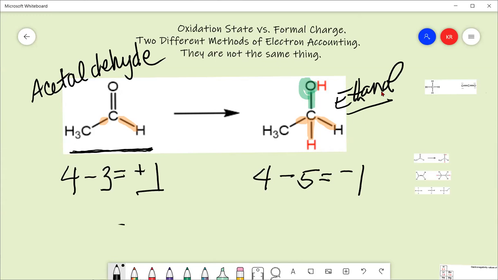I'm going from plus 1 to a minus 1. I'm reducing the oxidation state, so this is a reduction, all right? So you're going to be seeing reactions like this.